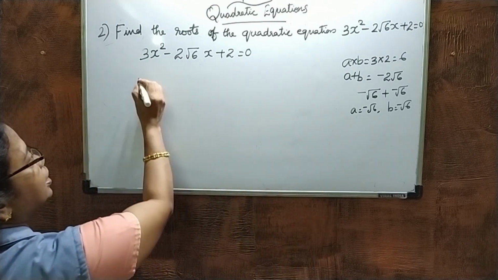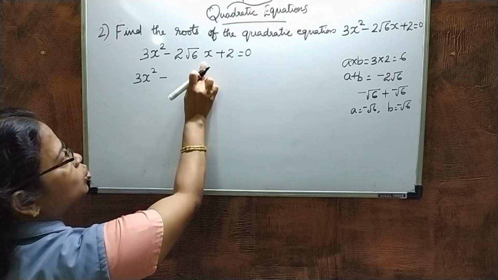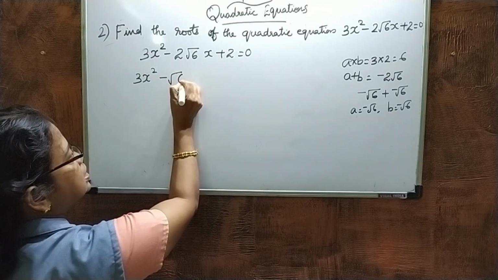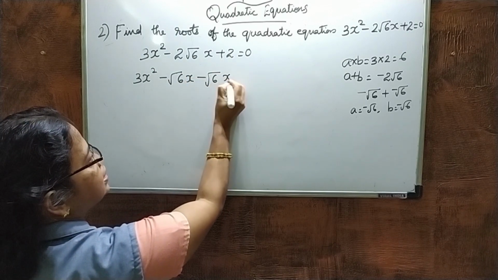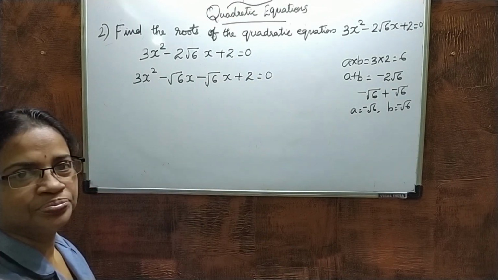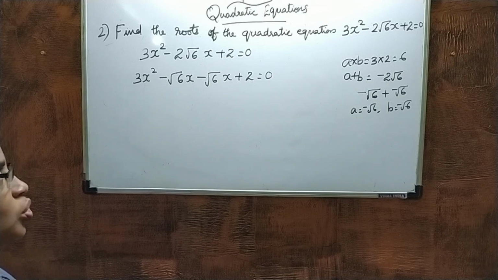So here we will write it as 3x square minus, instead of 2 root 6, what are you going to write? Minus root 6x minus root 6x plus 2 equal to 0. Now you have to take something common outside. What will you do now?